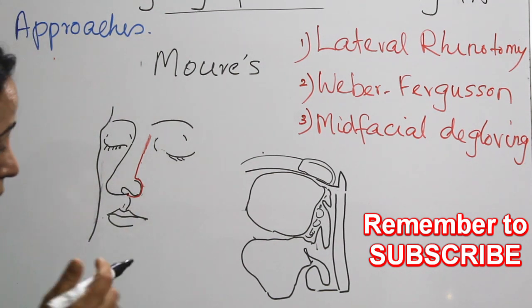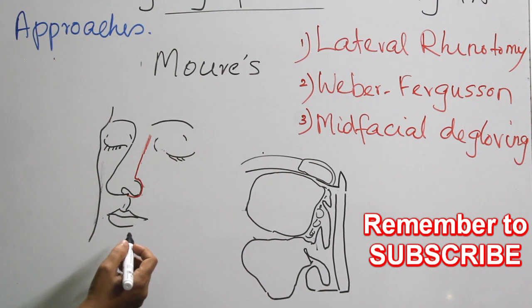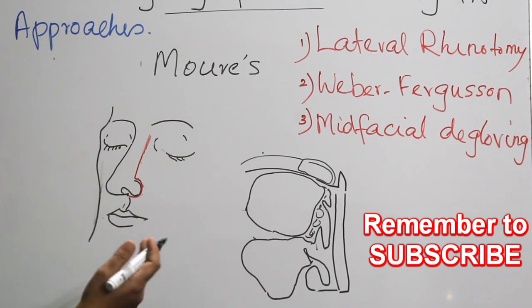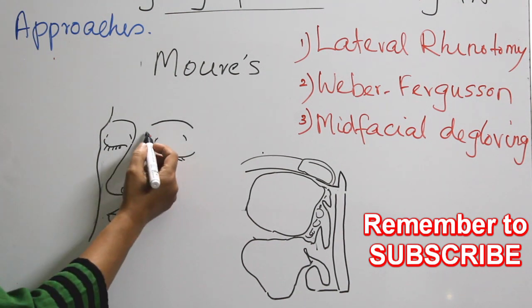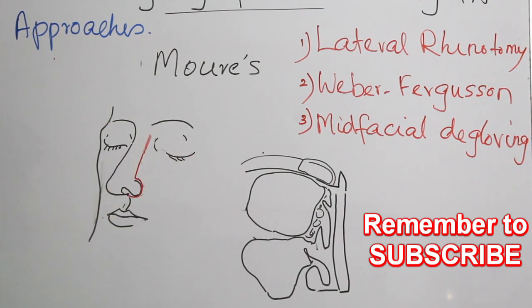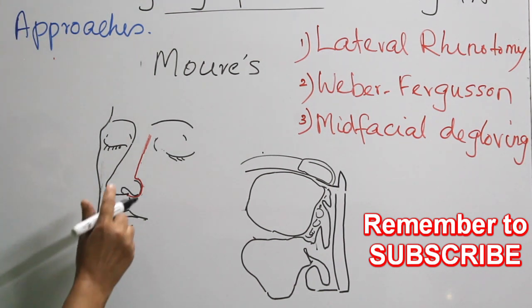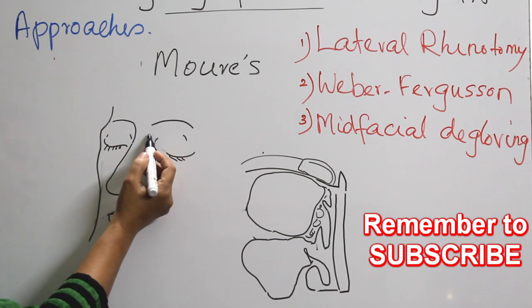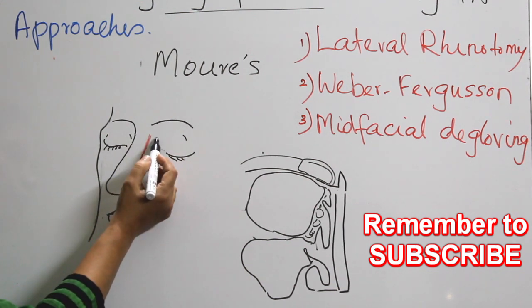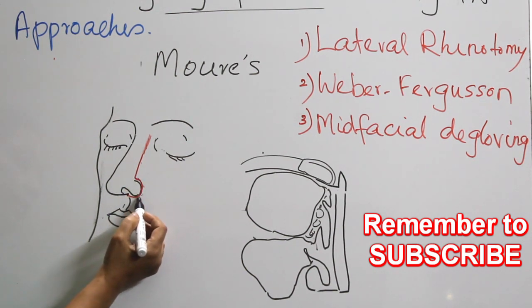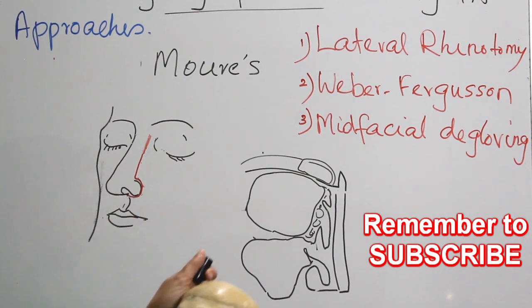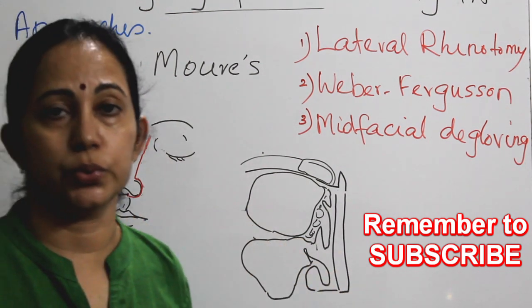If we want an extended approach or more exposure, this can be extended into the philtrum or it can be extended along the orbit also. Okay, so the classical Moure lateral rhinotomy incision starts from midway between the dorsum of nose and the medial canthus of eye, comes down through the lateral facial groove or the lateral nasal groove, encircles the ala of nose and goes into the nostril.